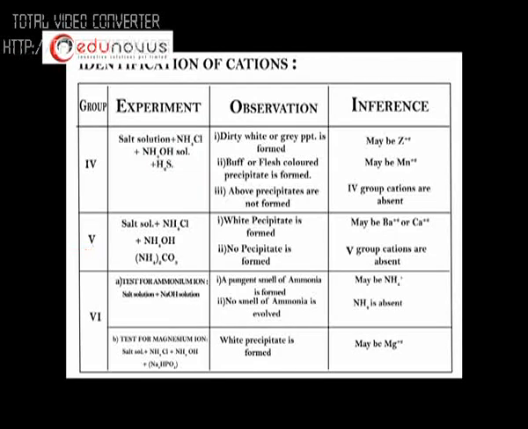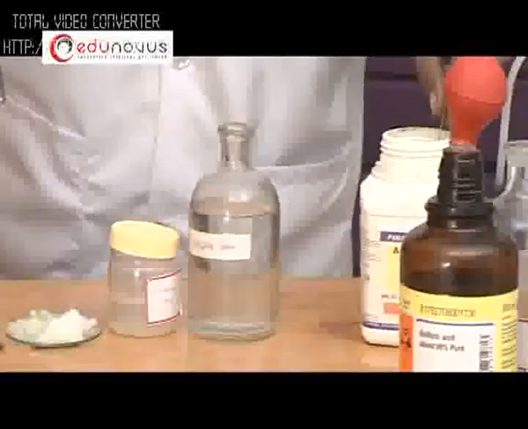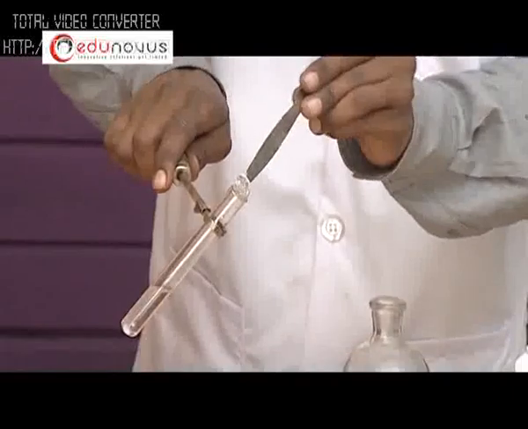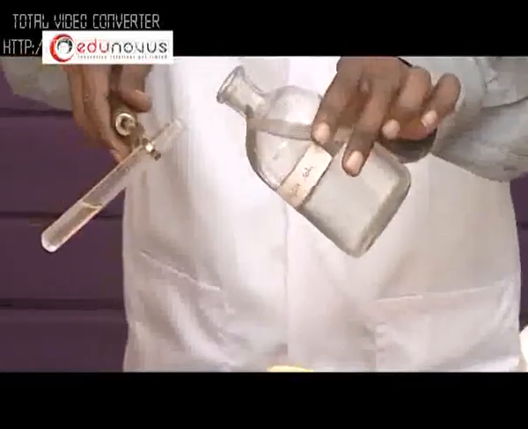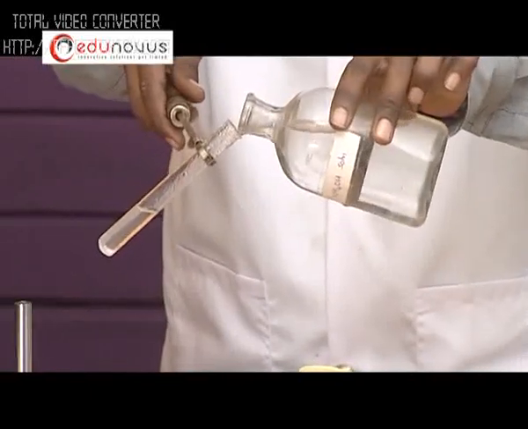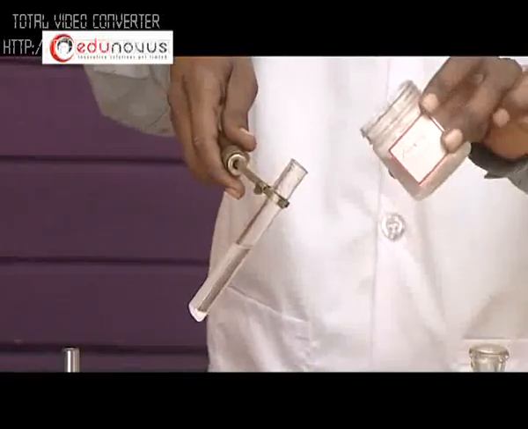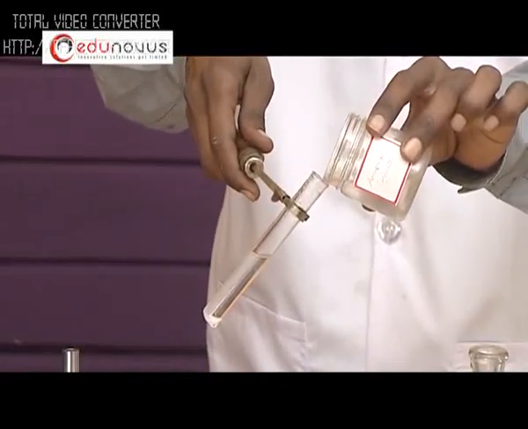Now, we move on to the fifth group test. Salt solution plus ammonium chloride plus ammonium hydroxide plus ammonium carbonate. To the salt solution, we add ammonium chloride, then we add ammonium hydroxide solution, and finally we add ammonium carbonate solution.